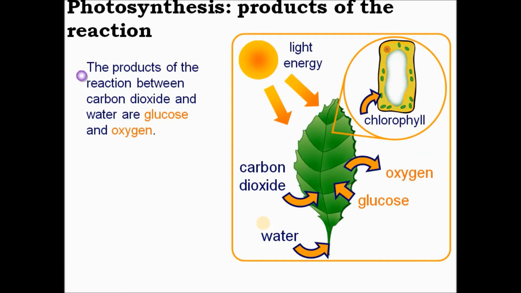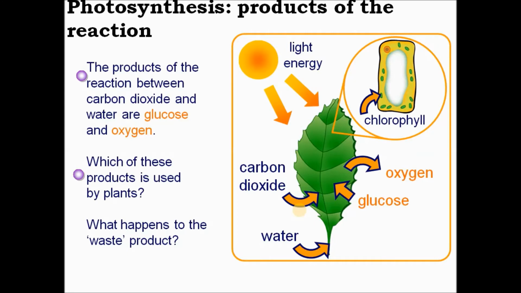The products of the reaction between carbon dioxide and water are glucose and oxygen. So at the end of the photosynthesis reaction, when carbon dioxide and water combine in the presence of sunlight and chlorophyll, it gives out two products. One is glucose and the other one is oxygen. Which of these products is used by the plant? Now the plant uses glucose.